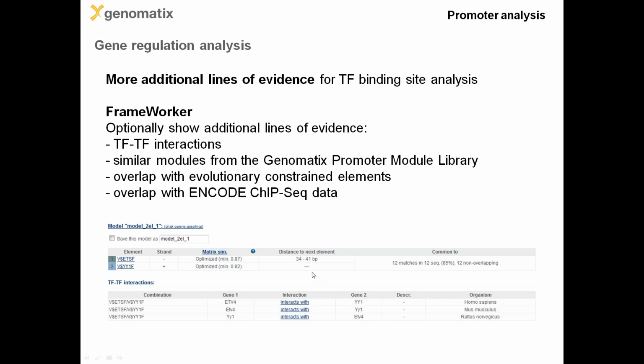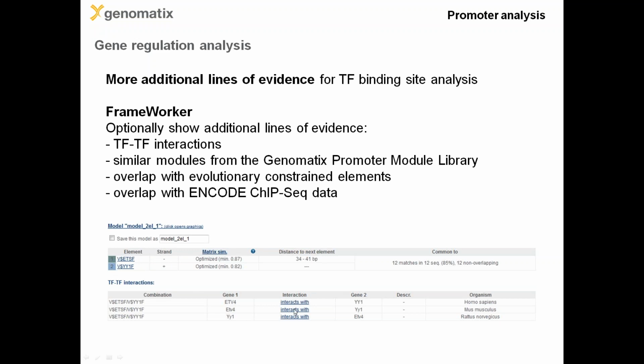This is shown here in a screenshot where we have a pattern that consists of these two binding sites, ETSF and YY1F. And we find that the matching transcription factors, for example here, ETV4 binding to the ETSF factor binding site and YY1 binding to the YY1F binding site, can actually interact with one another.